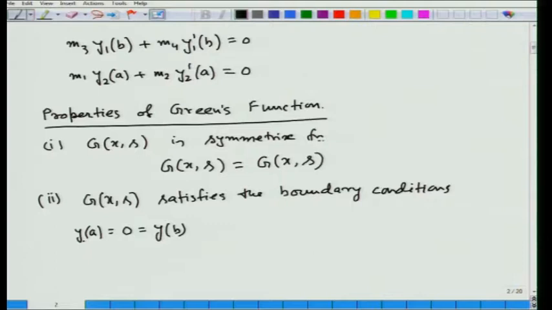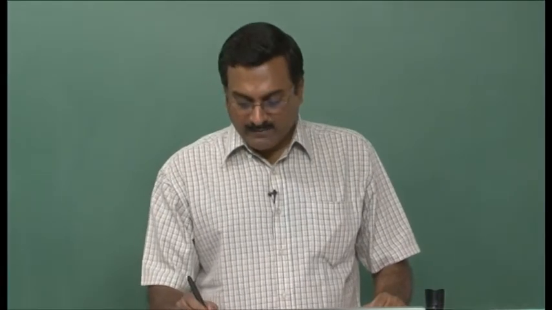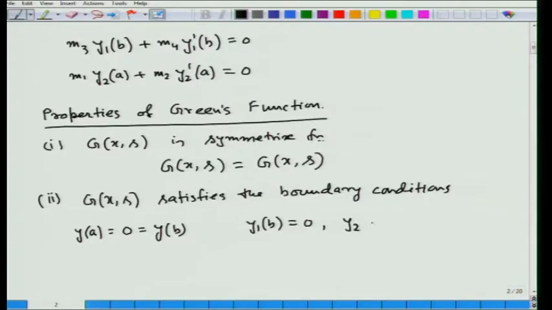of boundary conditions. Now, with this aid, that is y1 satisfies the boundary condition on the right, implies y1(b) is equal to 0, and y2(x) satisfies the boundary condition on the left, means y2(a) is equal to 0. Now, look at the definition for the Green's function.